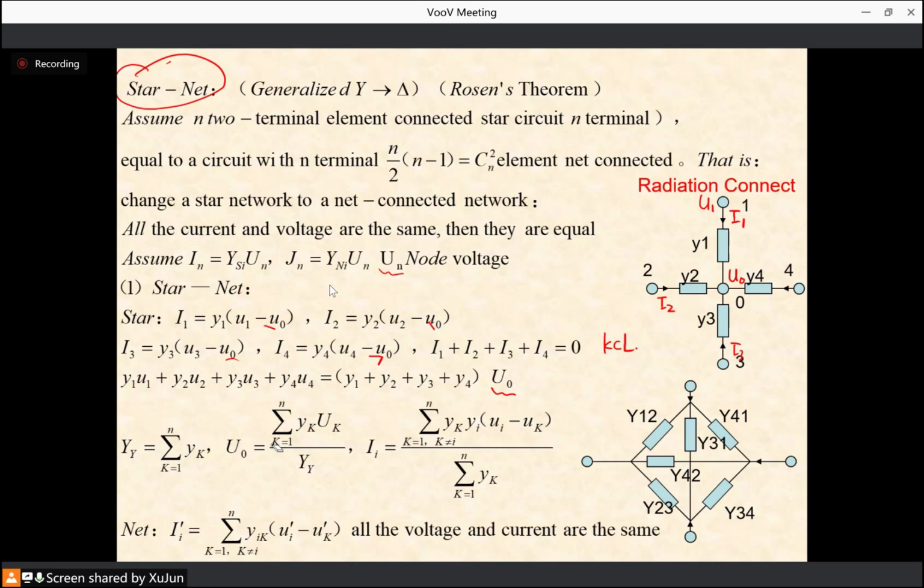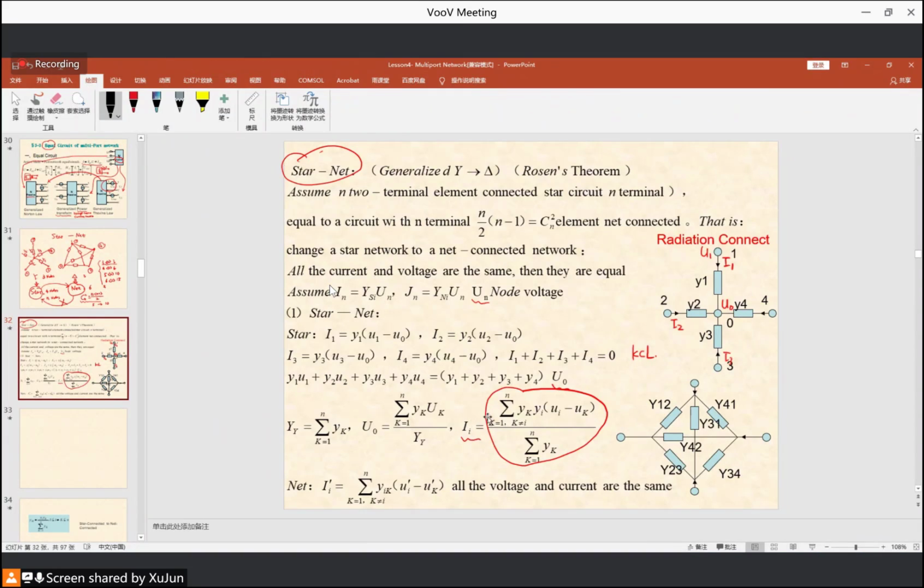We can find that every current I1, I2, I3, I4 will equal this expression. How does this expression come about? We will add one page. Use I1 to express it.